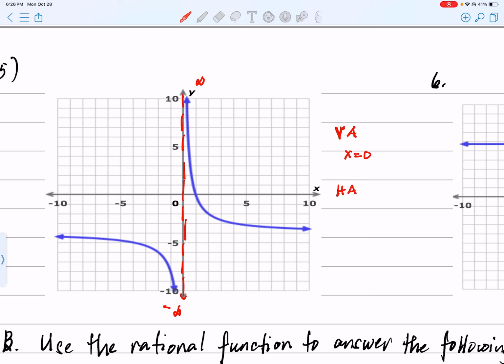Do we have horizontal asymptotes here? Okay, this one right here. As x approaches positive and negative infinity, as we go on and on and on, until it gets to equal 0. So therefore y is equal to negative 4, somewhere here.